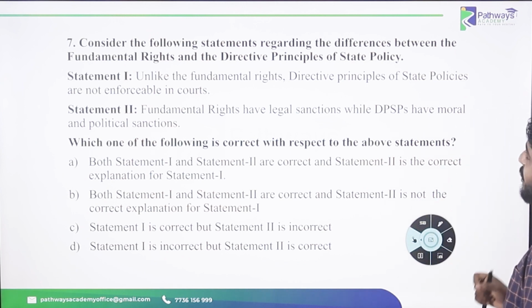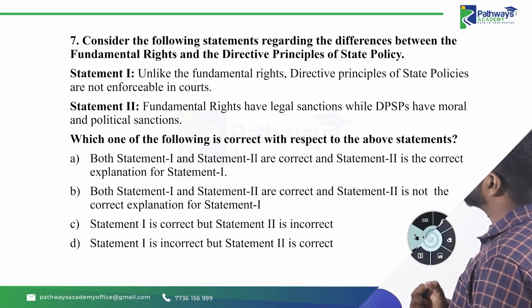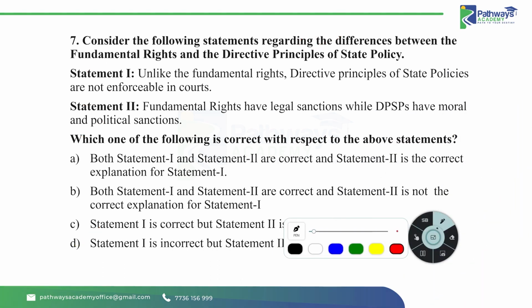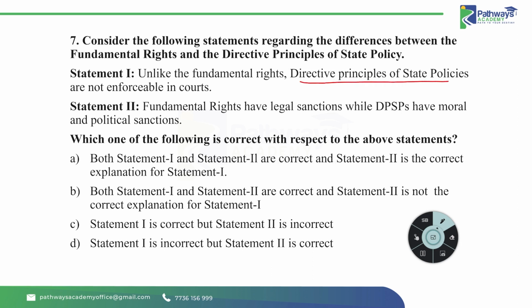The next question that we are going to deal with here is, consider the following statements regarding the difference between fundamental rights and directive principles of state policy. Statement number one says, unlike the fundamental rights, DPSPs are not enforceable in court.